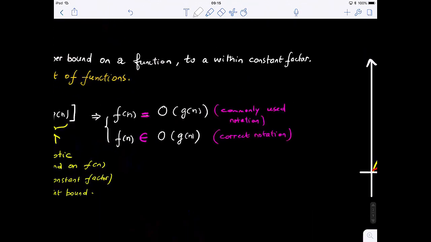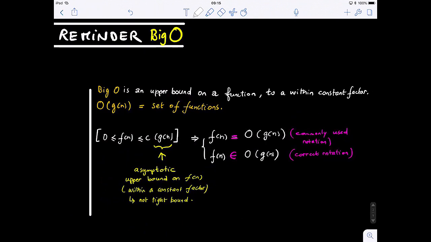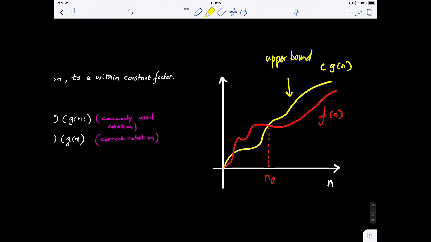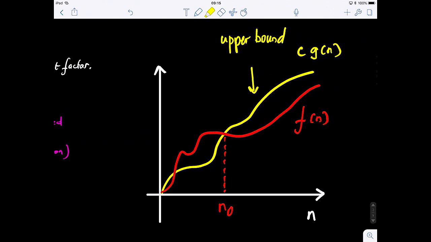This is the definition of the big O notation. The big O is basically the upper bound of a function. If we take a function g of n, we multiply it by some constant, we need to find a constant such that, starting from an n0, a particular size of the input data, this function will always lie on top of the second function f.